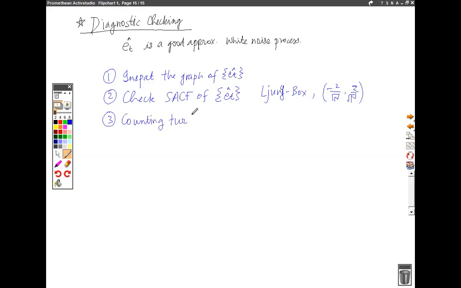Does anyone know here what is a turning point? Has anyone heard the term turning point? Maybe while you were learning differentiation or something.